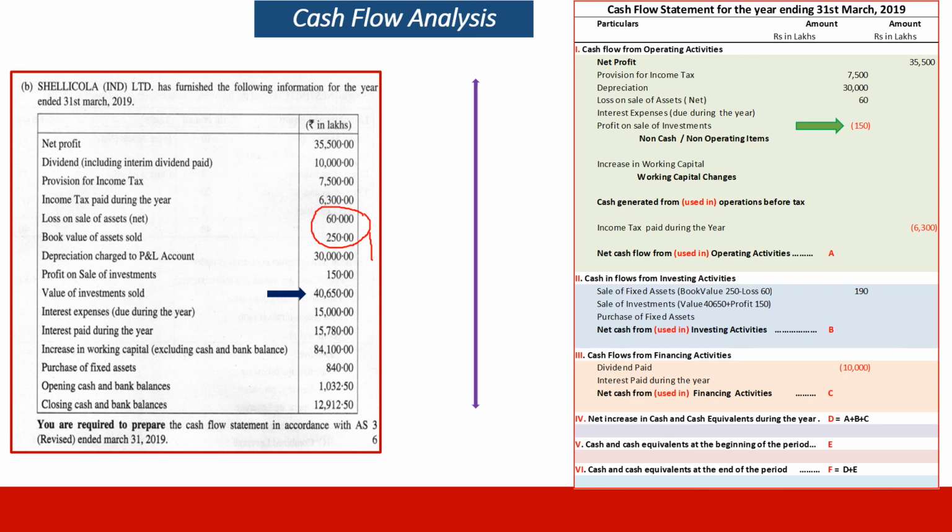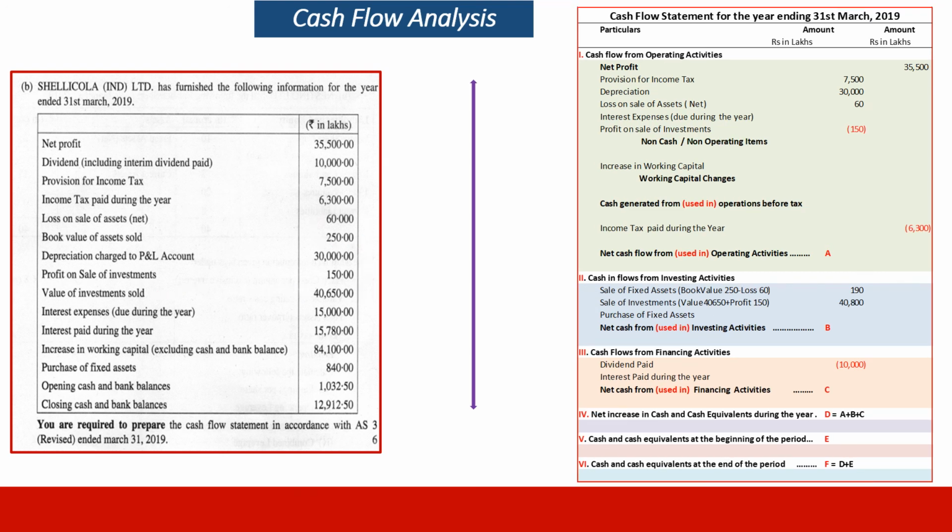In case of investments, they say the cost of the investment that we sold was 40,650. We made a profit of 150, which means we have made 40,800 as the receipts on this account. Therefore, sale of investments will be 40,800, which will be coming here as cash flow.